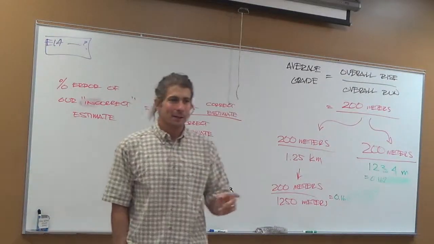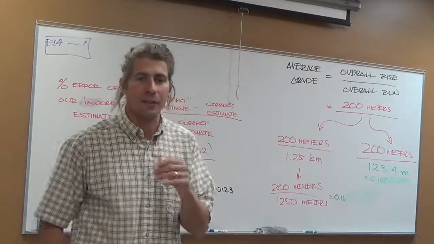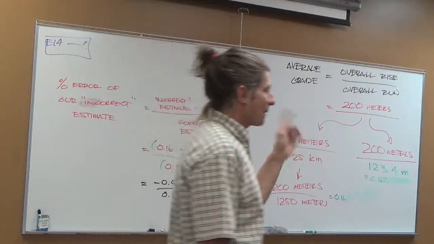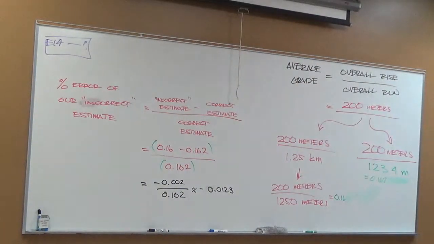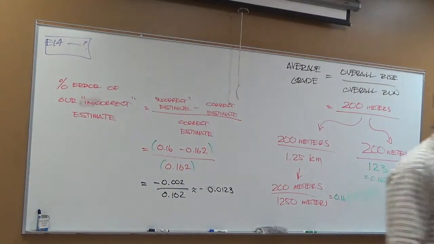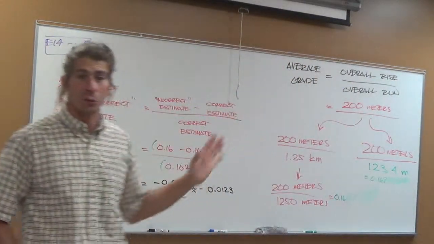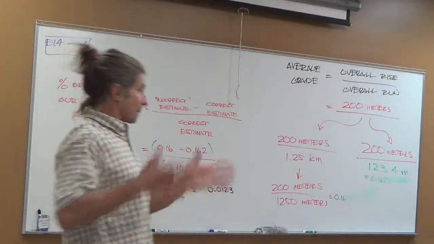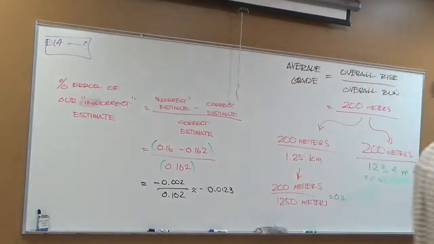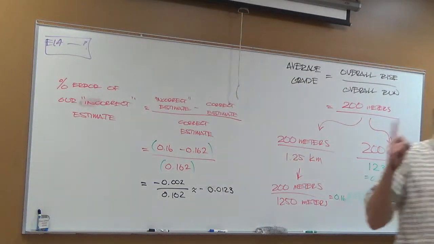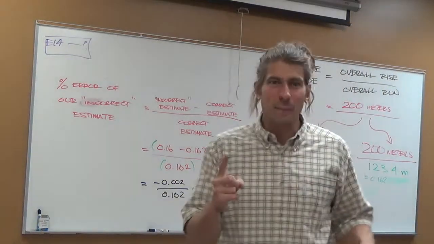1% error. Let me share something with you guys, because this is the kind of thing that is not common knowledge in algebra class. Being off by 1% is amazing. If you're in error by 1% on most things in your life, you are well within the realm of totally fine. Like my mortgage payment, I said it was $800. If I was in error by 1%, that means it would be $808.